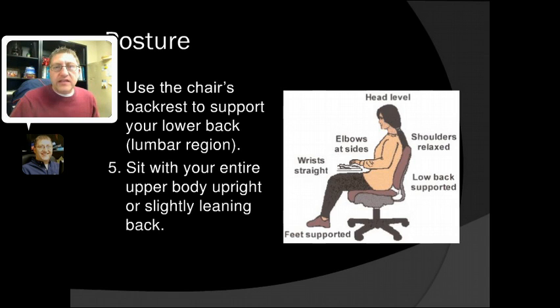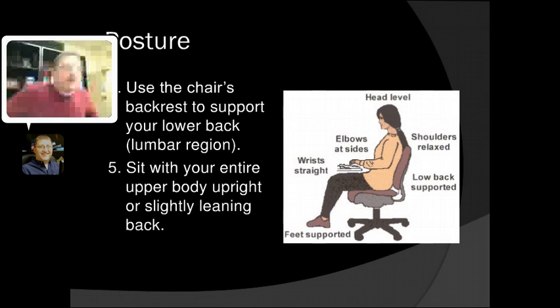A lot of people think the back support on their chair is for their upper back, for their shoulders, for the thoracic region, and it's not. It's for the lower back, for the lumbar region. You also want to have your body upright. Now, this is a real problem because we all think that slouching is comfortable. We buy furniture so that we can slouch in it, recliners and things.